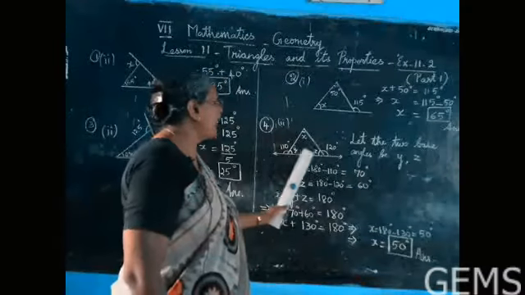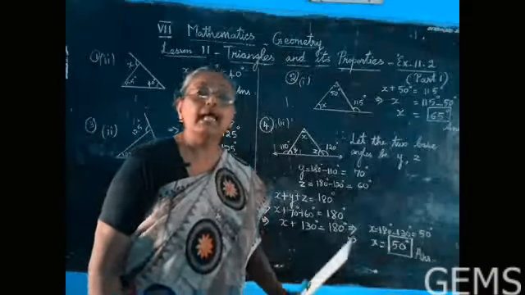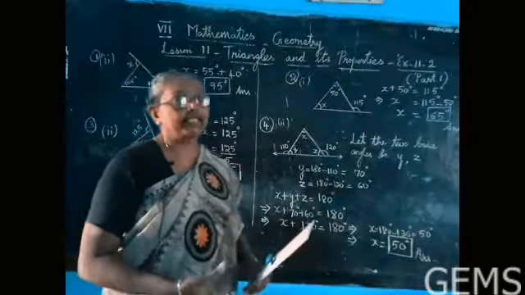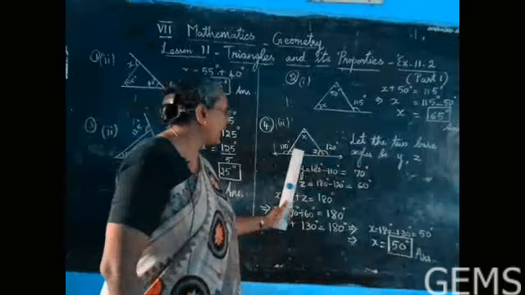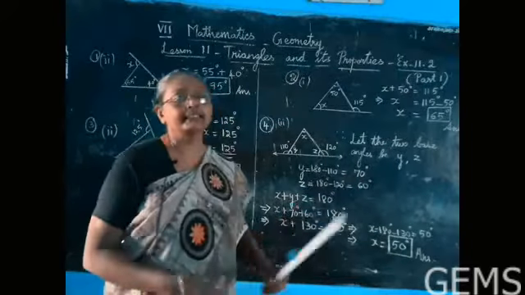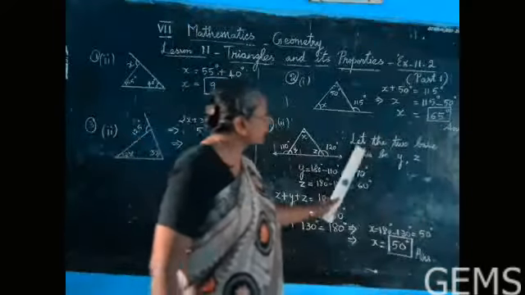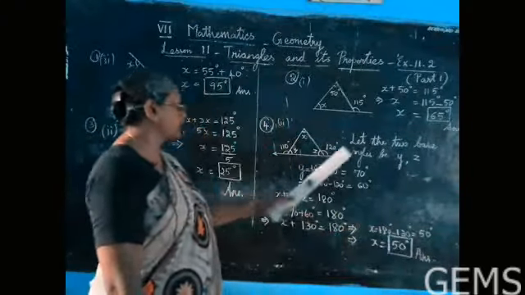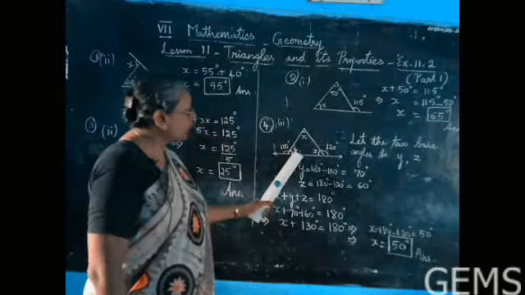Now the other two angles we don't know their measures and we have to find them. So first I have taken them to be y and z so that it will make it easy for calculation. Let the two base angles be y and z. What is y?